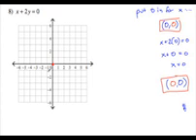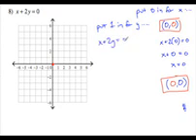So I'm going to pick an easy one. I'm going to put 1 in for y and see what happens. Now, why did I pick 1? Well, no real reason. I just figured I'd try it.